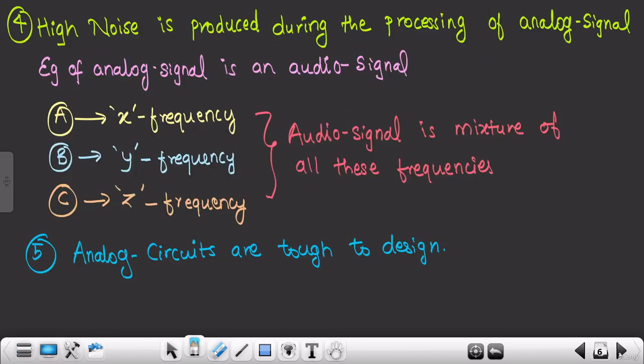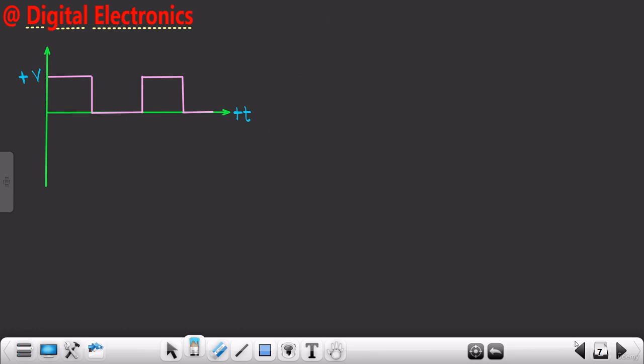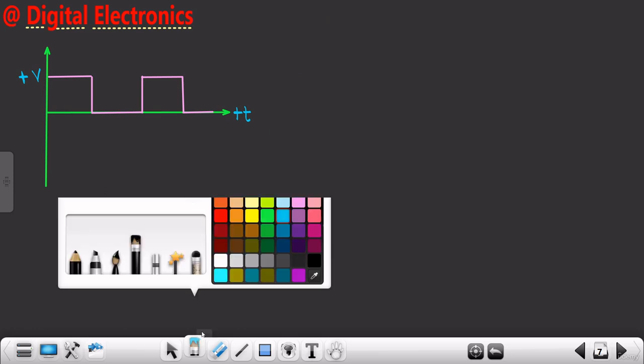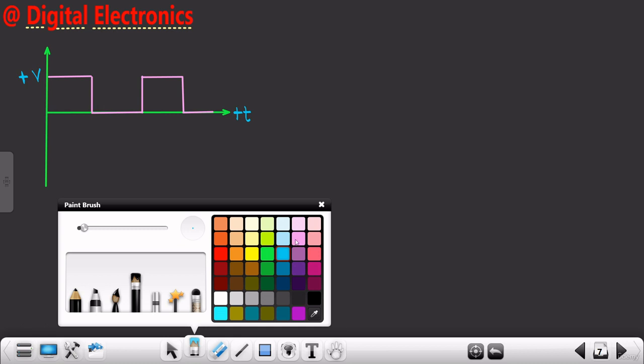Now moving further to digital electronics. This is how the waveform looks in case of digital electronics. Let me decrease the thickness of the pen.